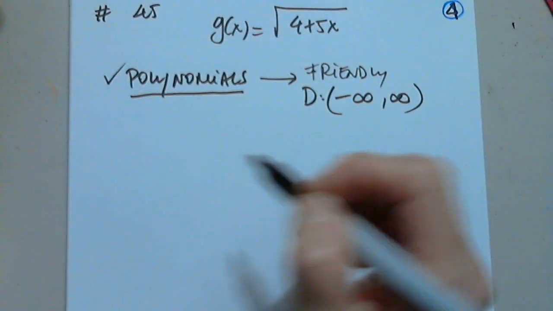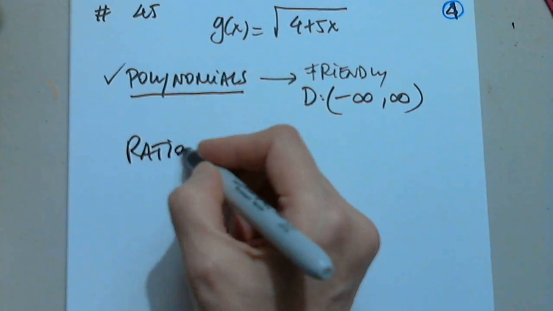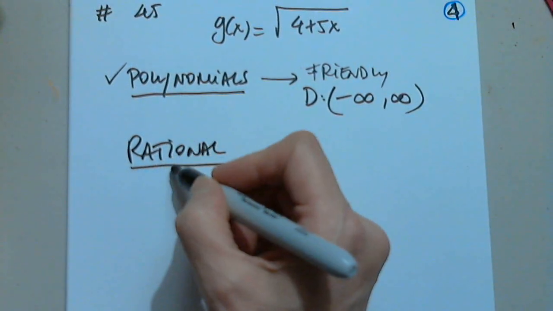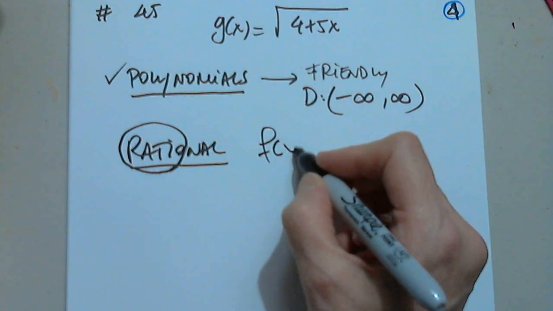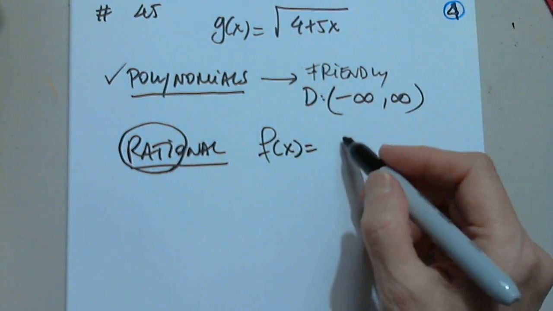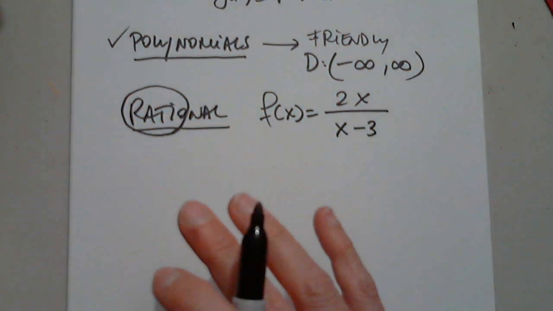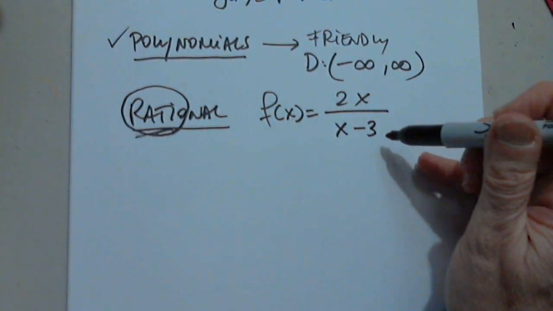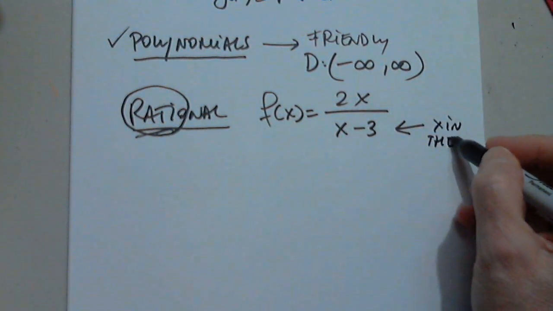Then the next one, a very big group: rational. They have a ratio in them. So the rational functions may look like this: 2x over x minus 3. We have to have x in the denominator.